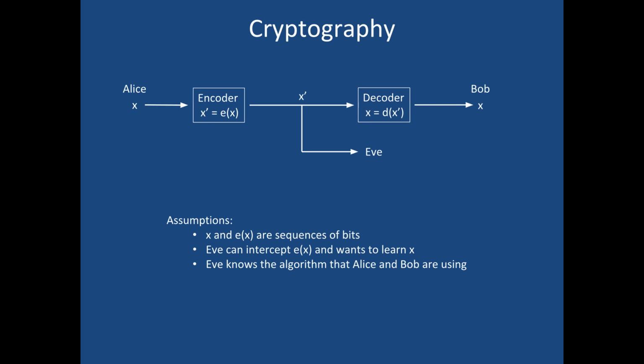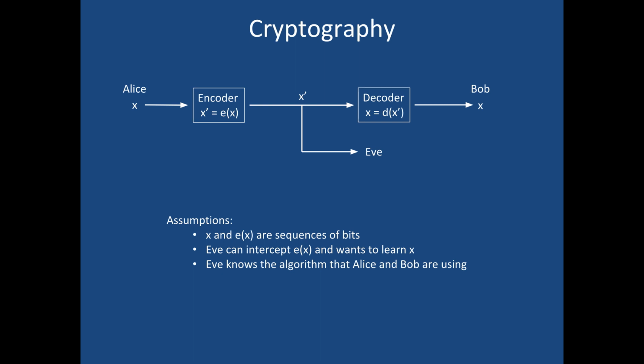She has some encryption algorithm that I'm calling E. She encrypts X and produces X prime, the encrypted message. X prime is transmitted over the internet. Bob runs a decoder, D of X prime, and recovers X. That's a general diagram of what encryption looks like.